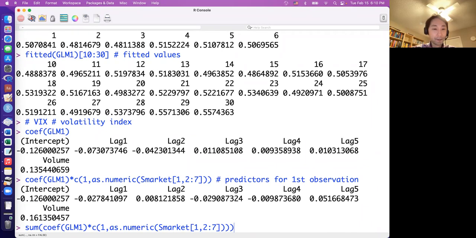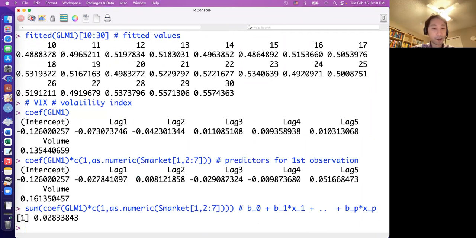So this is B0 plus B1 x1 plus dot up to BP xP. Here P is the number of predictors. Then that is 0.02833.